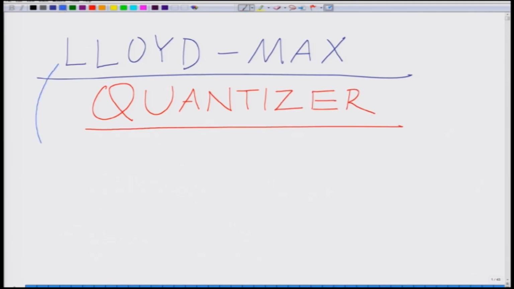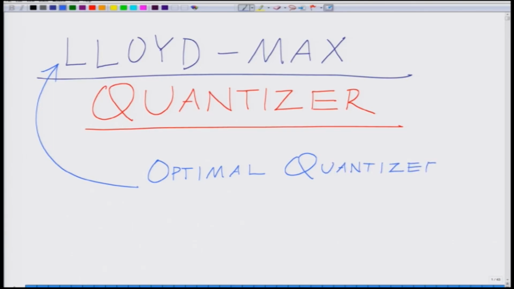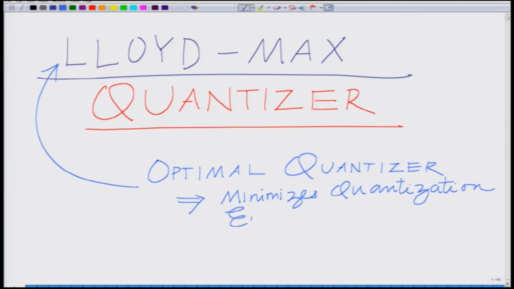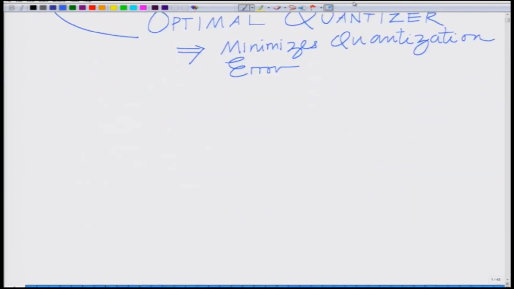Optimal meaning it minimizes the quantization error, that is, it gives the lowest quantization error.